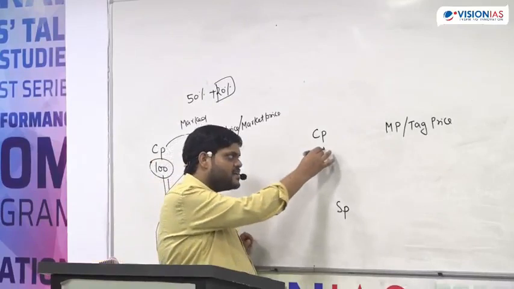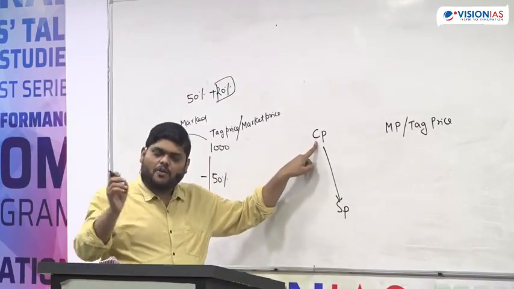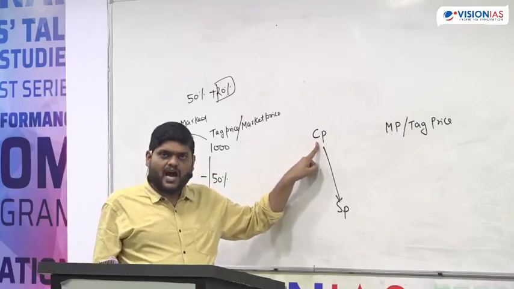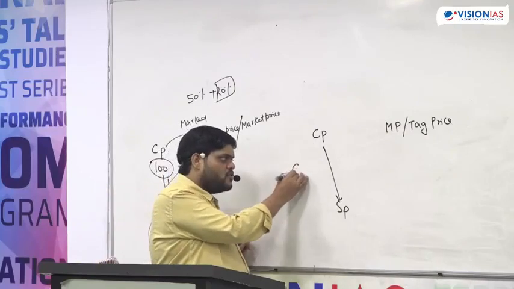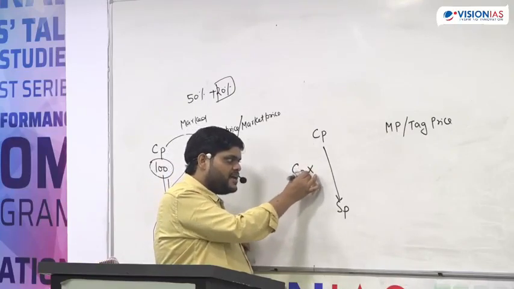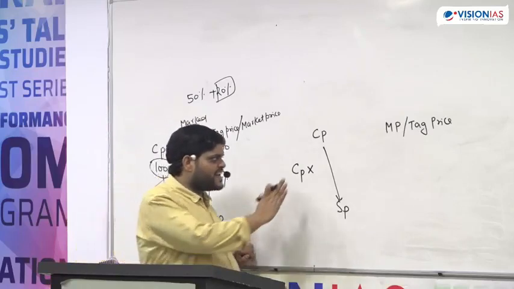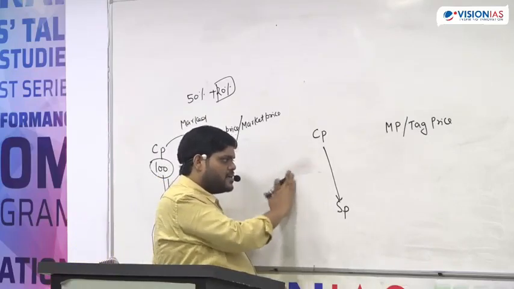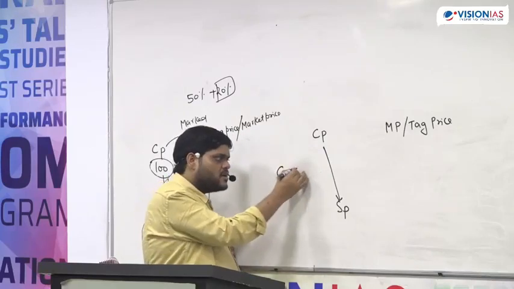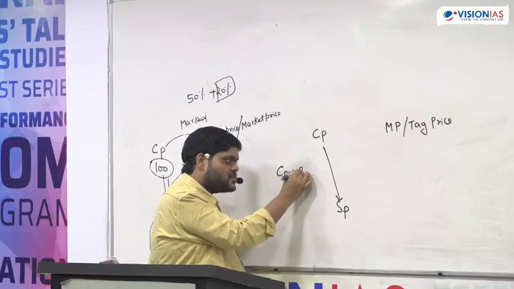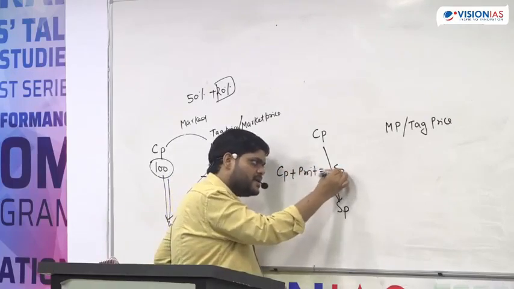We know that either we will increase something in CP or we will decrease something in CP. I am assuming there is a profit. So CP plus profit is equal to SP.